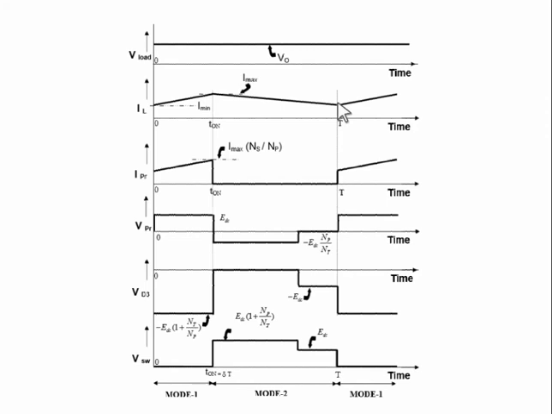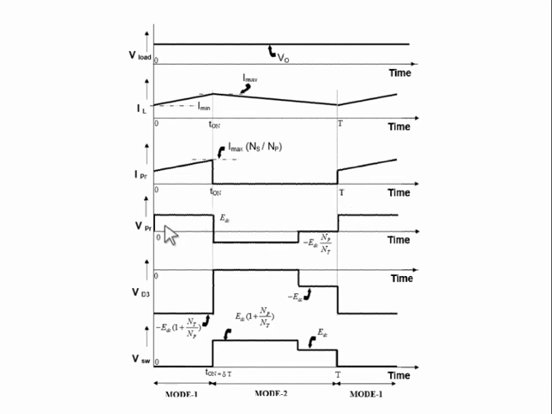Again at this point the switch is turned on. This is the primary current, which flows only when the switch is on. In this portion no primary current flows because the input supply is disconnected by the switch. Again the primary current flows when the switch is turned on.